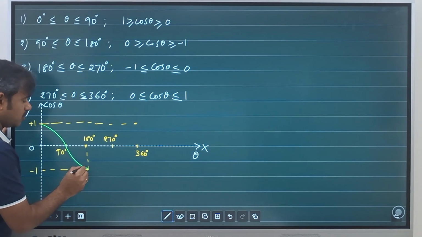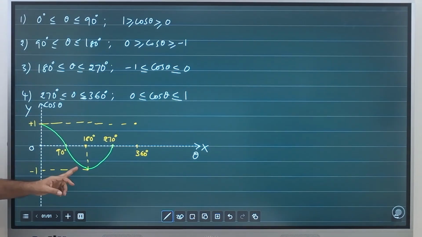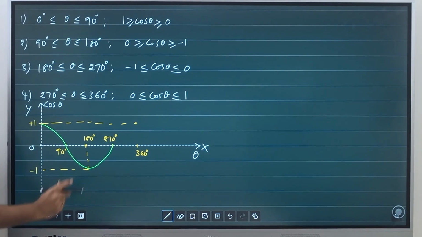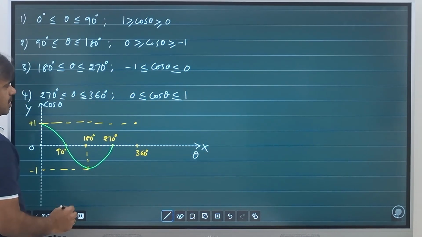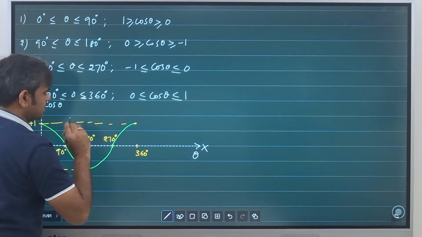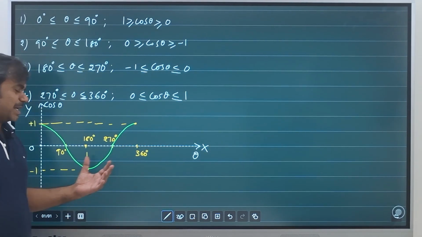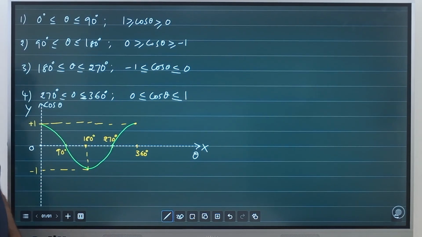From 180 degrees to 270 degrees, the value of cos theta increases from -1 to 0. From 270 degrees to 360 degrees, cos theta value increases from 0 to 1. This is what happens inside one cycle.